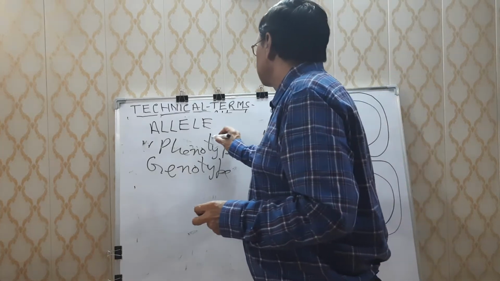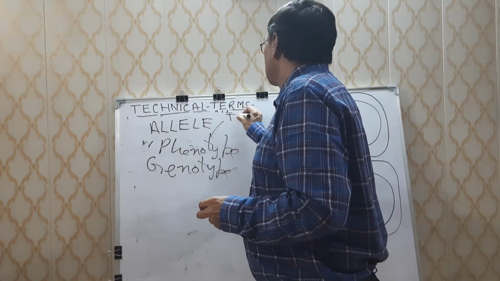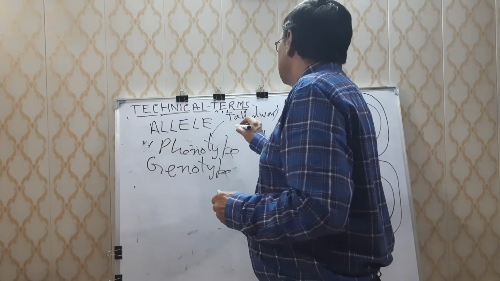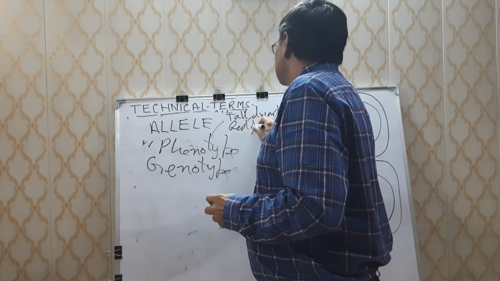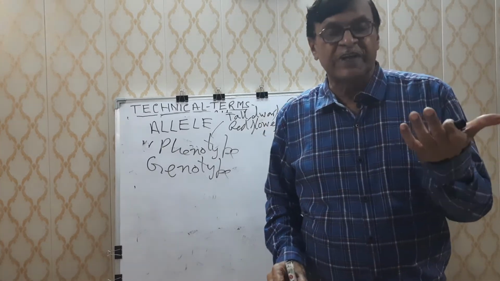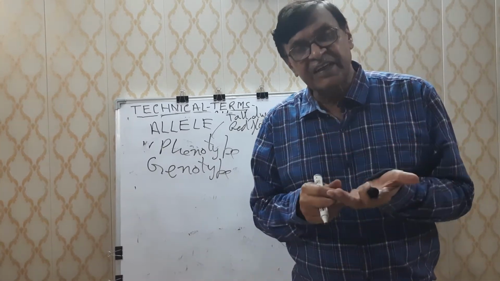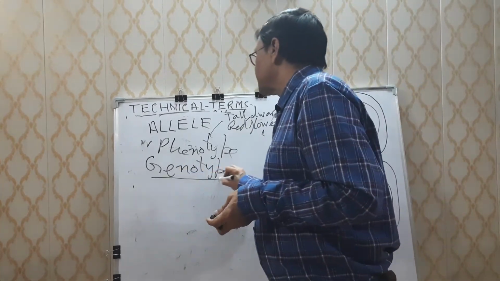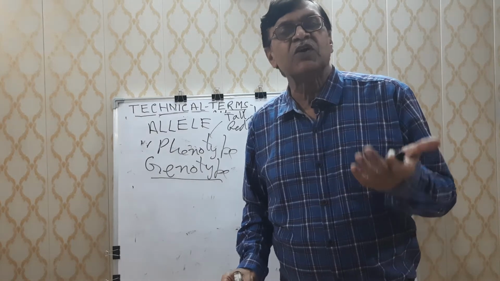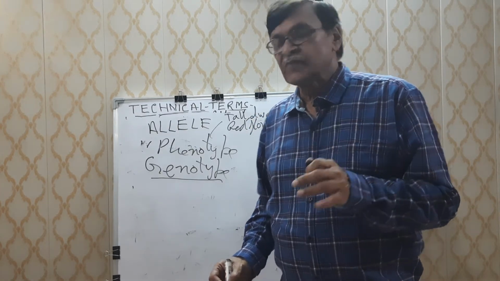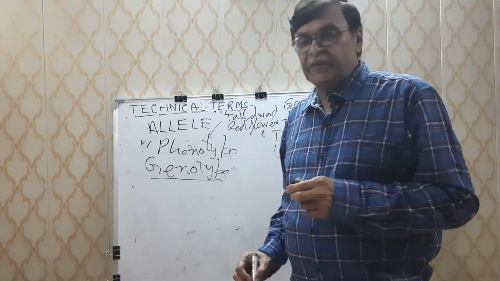For example, tall, dwarf, red flower. So this is called phenotype. Phenotype is the external appearance of an organism. Genotype is the genetical constitution, or the constitution of the factors, of the organism, which is called genotype.